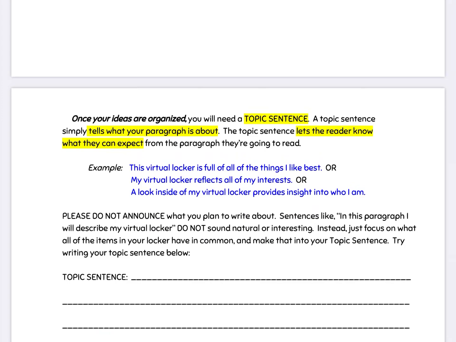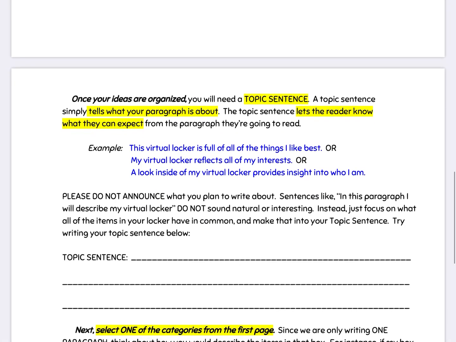Any of these is successful because it's introducing the idea that the items in your virtual locker are important to you and matter to you in some way. Please do not announce what you plan to write. Sentences like, in this paragraph, I will describe my virtual locker, do not sound interesting or natural.